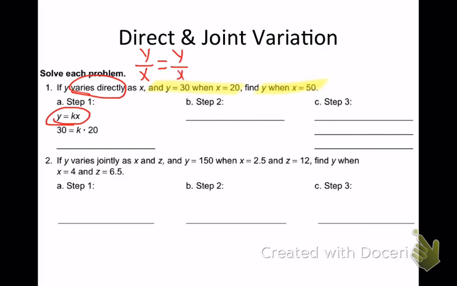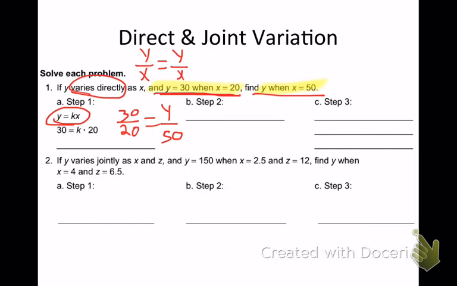Okay? So if it varies directly, I'm going to say 30 over 20 equals y over 50. Does everybody see why it's 30 over 20? Does everybody see where I get the 30 and the 20? Because it says y is 30 when x equals 20. So find y when x equals 50, so y over 50.